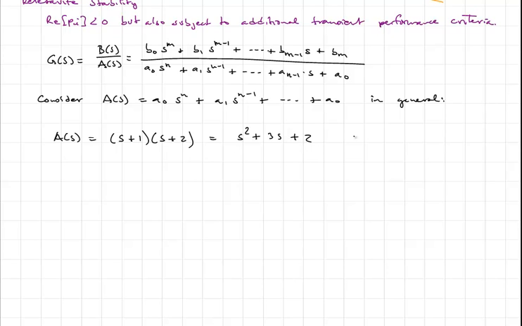And so the coefficients here are 1, 3, and 2. If we have a polynomial s minus 1 times s plus 2, so in other words, there is a root that is positive, then we would have 1 times s squared plus s minus 2.